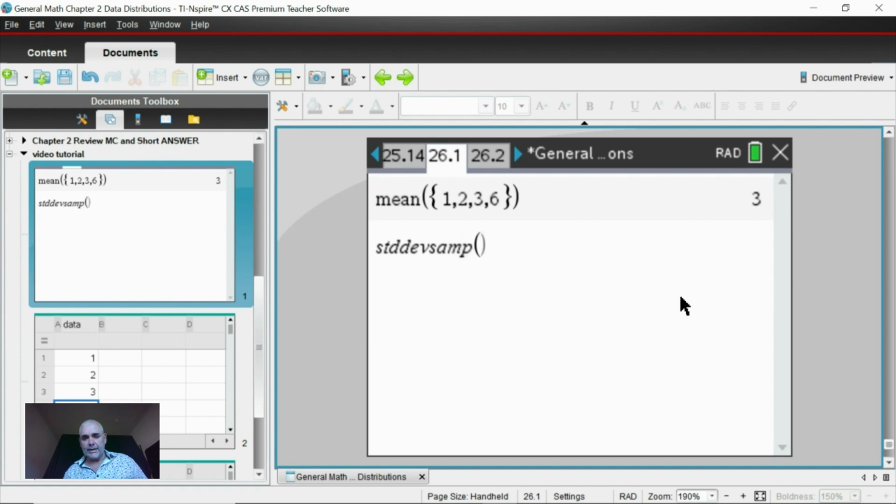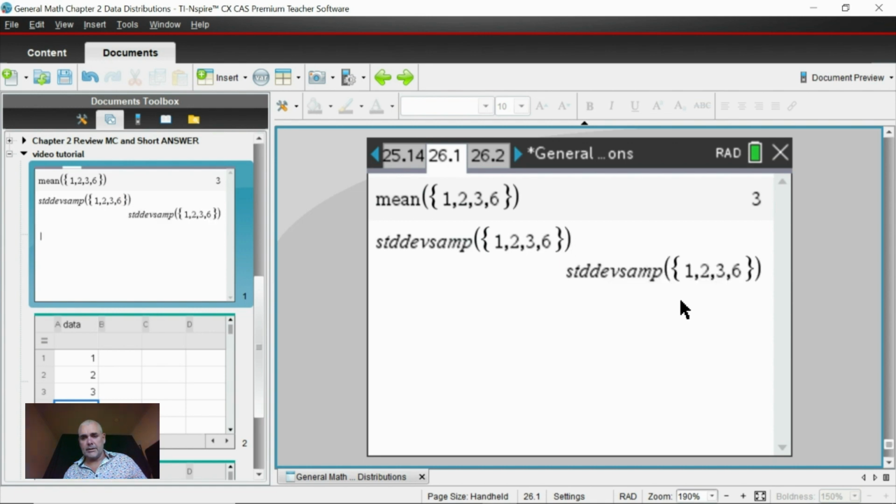Same thing, if you type that in, it's a function inside the calculator, and we can do this and make our list. Close the curly brackets, close the other brackets, and see what we get. Perhaps I typed that in wrong.